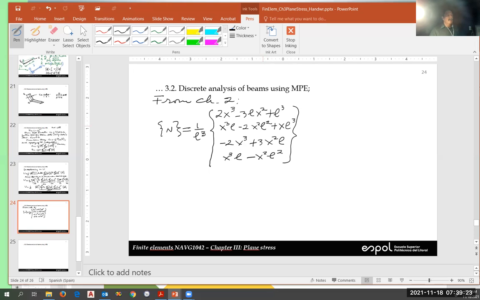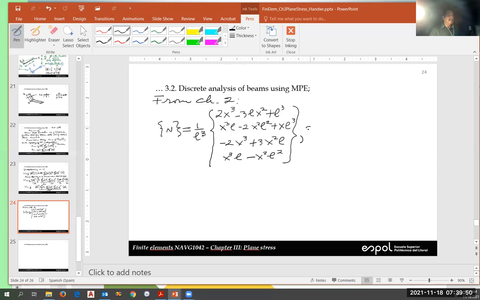You evaluate this at L, and the others are 0, and this thing here is going to be L cubed divided by L cubed, which gives you 1. So the product of this times D will give you D2Y, which is the displacement on the right joint. Now, we need to differentiate this twice.